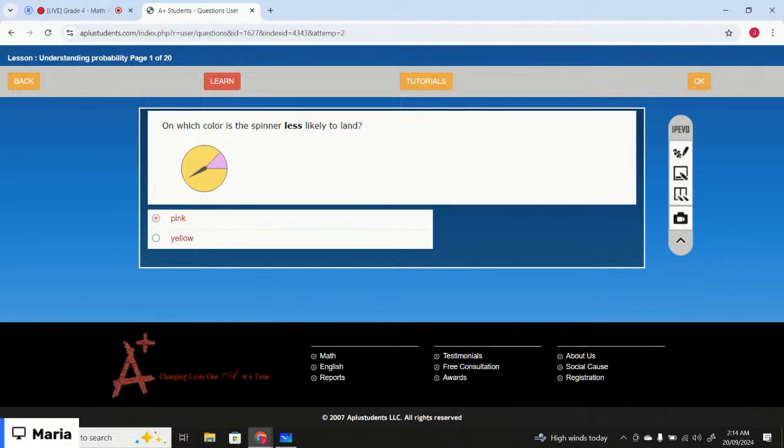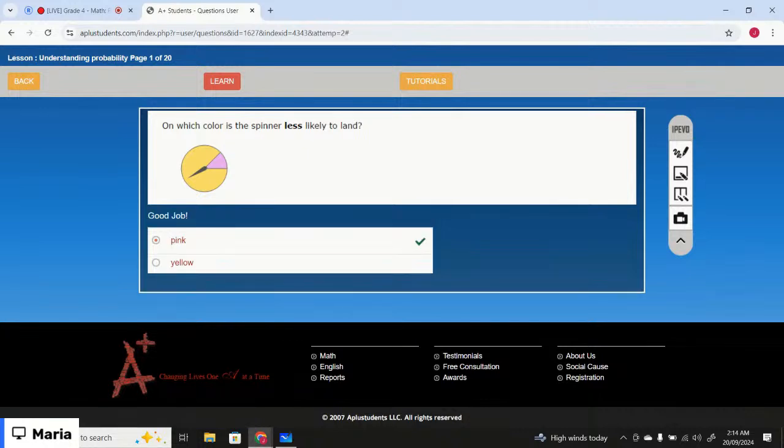Yes, pink. It is the one that has the smaller portion, so it will be less likely to land on pink.